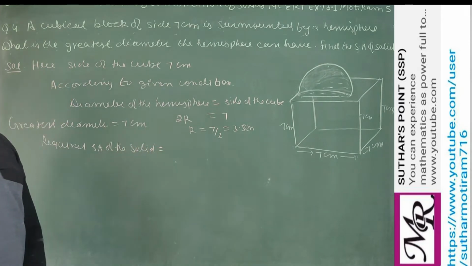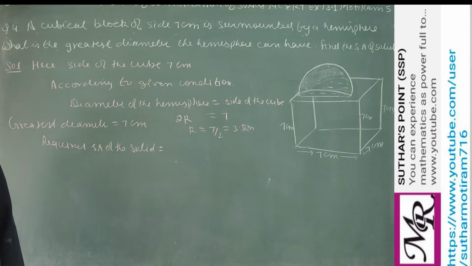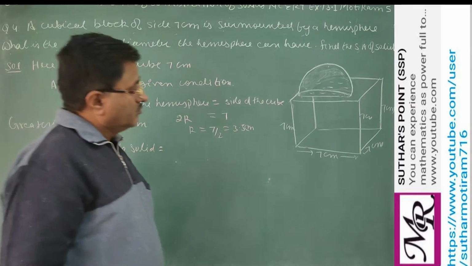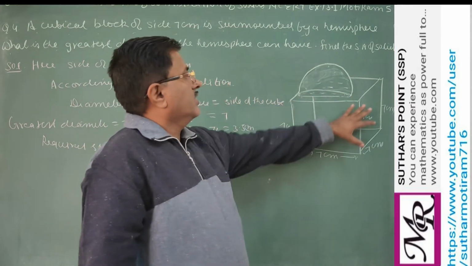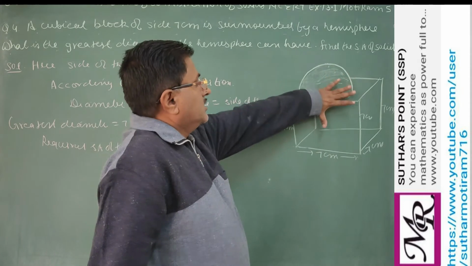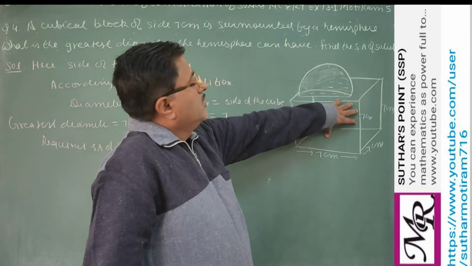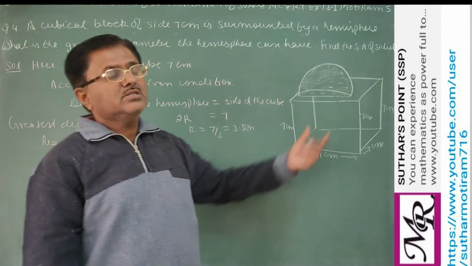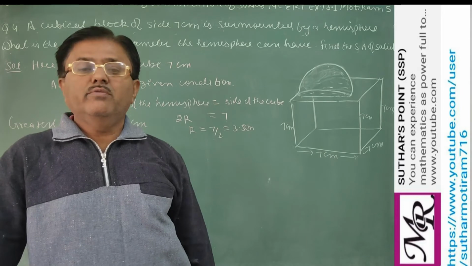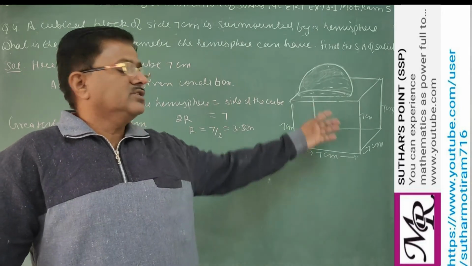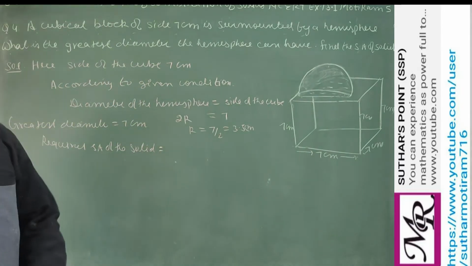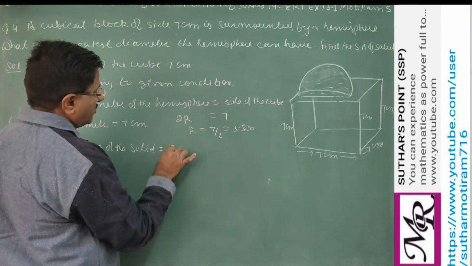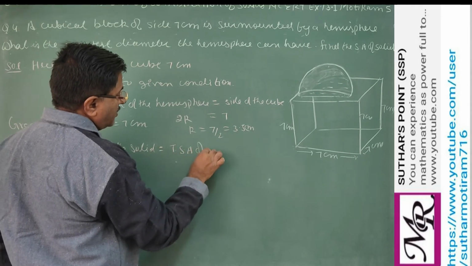Now the required surface area of the solid is equal to the surface area of the cube. We want to find the total surface area, so that is the total surface area of the cube plus the curved surface area of the hemisphere minus the base area, because the base is common to the cube as well as the hemisphere, as you have already seen in the example we have done.